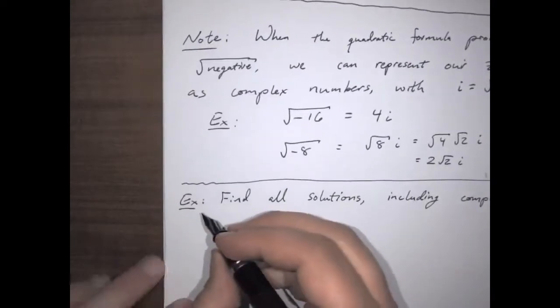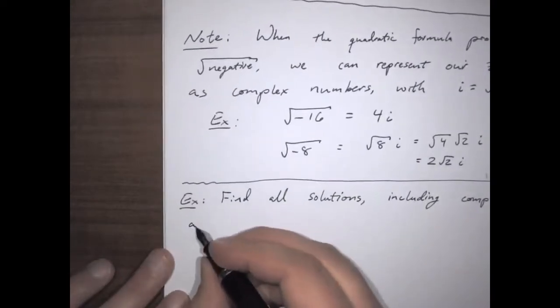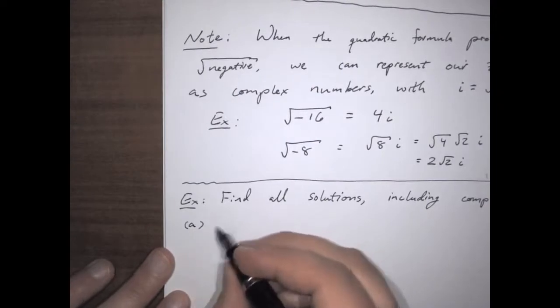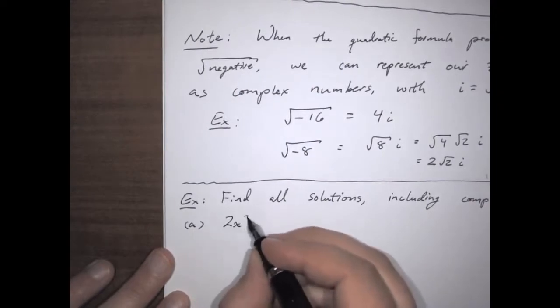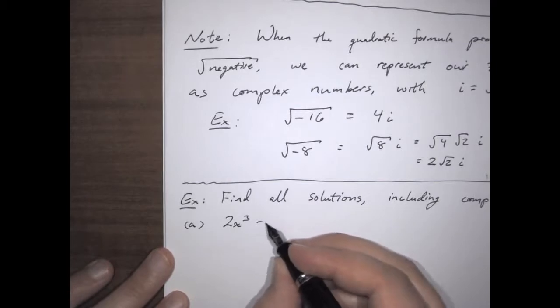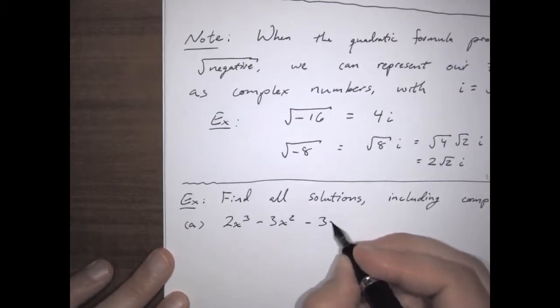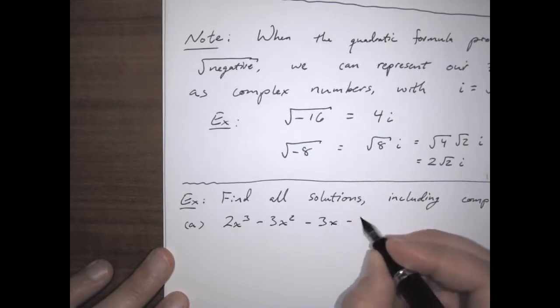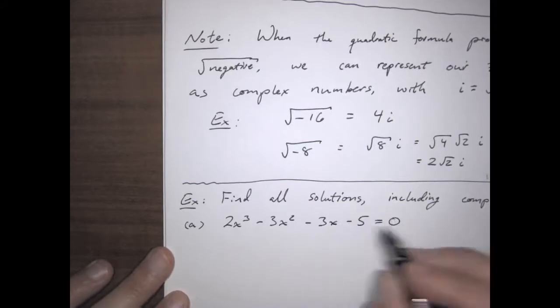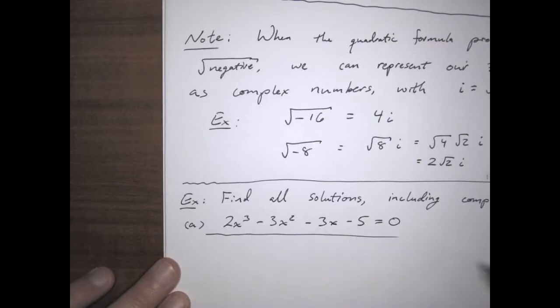And for the example, let's take one that we did already, 2x cubed - 3x squared - 3x - 5 = 0.